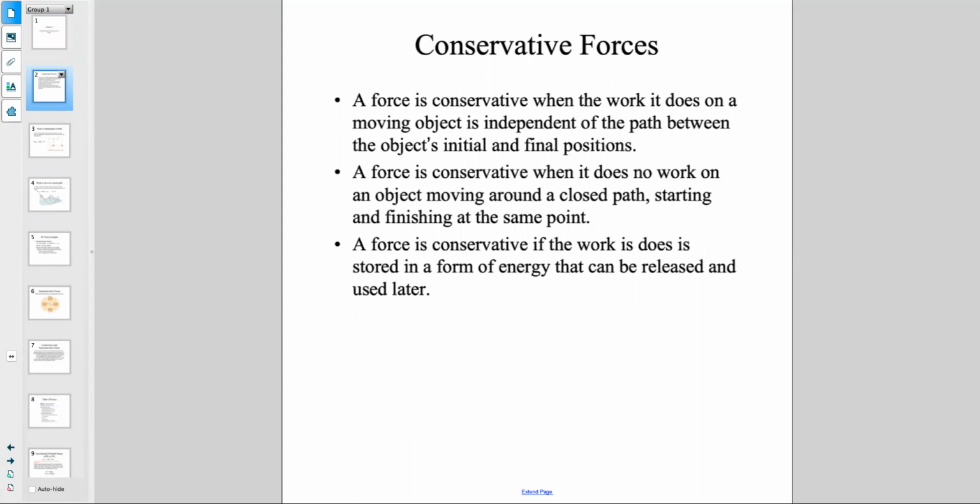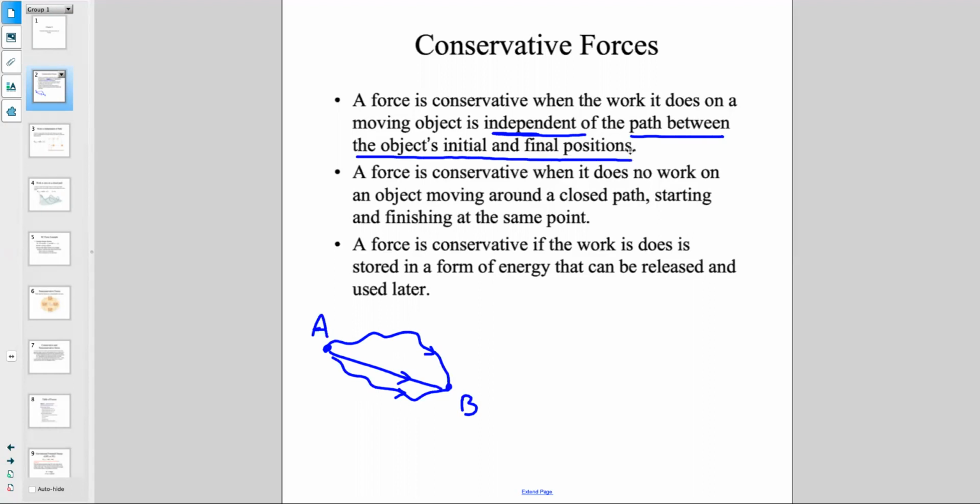In other words, if your object starts from point A and ends up at point B, then the conservative force's work does not depend on which path you take to go from point A to point B. Either you're going along this second path, or in a straight line, its work is independent of the path between the object's initial and final position.